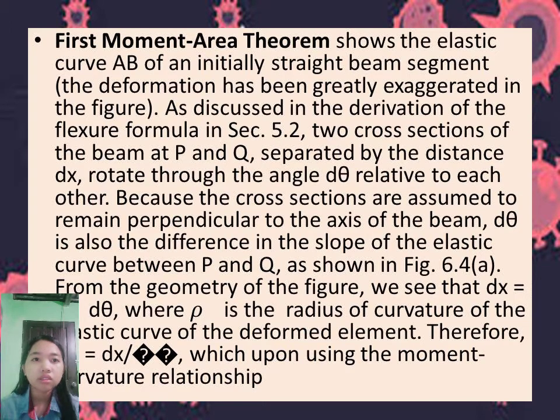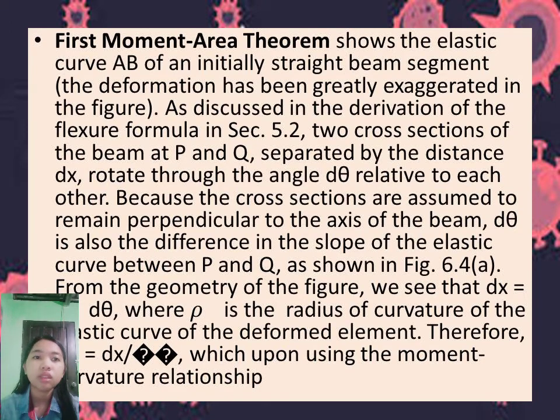Because the cross-sections are assumed to remain perpendicular to the axis of the beam, dθ is also the difference in the slope of the elastic curve between P and Q, as shown in figure 6.4.